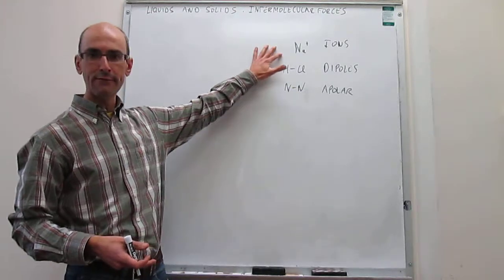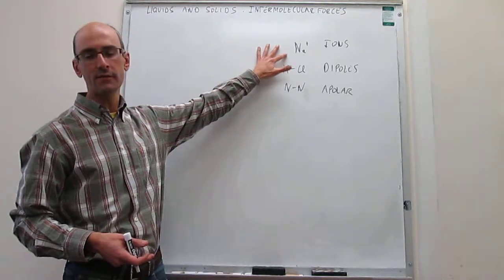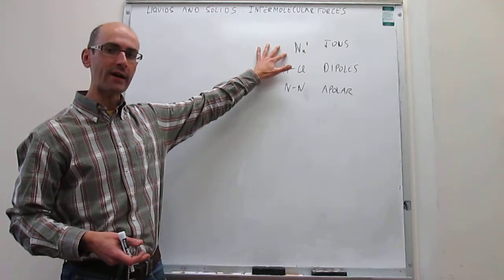In an ion you just have a full charge, and that tells you whether you have a cation, if this is positive charge, or an anion, negative charge.